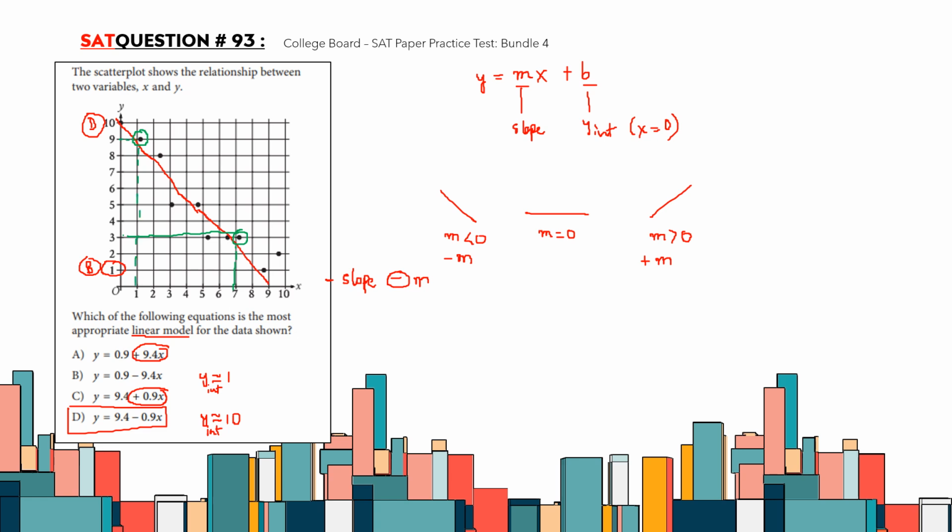Because they say appropriate, we are approximately choosing the closest point. So I have my first point right here, 1, 9, and then I have here 7, 3.